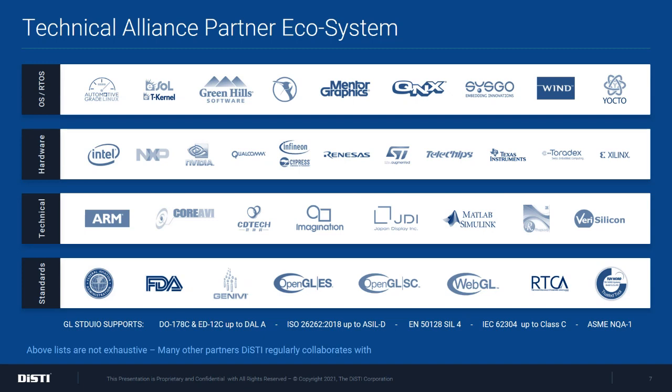And of course, we also have a pretty wide ecosystem for our technical partners, Core AVI being one of our main partners, but also we do quite a bit of work directly with ARM and a number of different standards committees as we support functional safety for avionics, automotive, nuclear facilities, medical, and industrial.